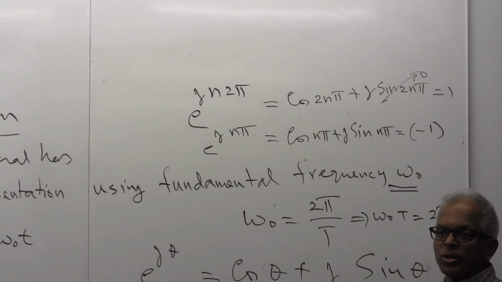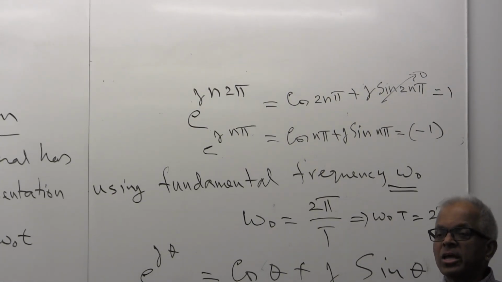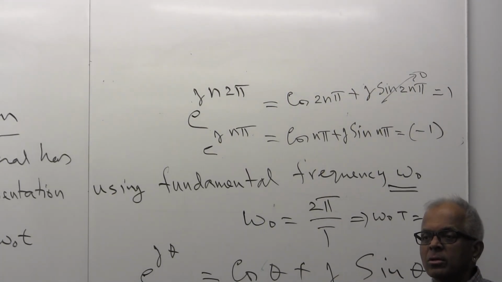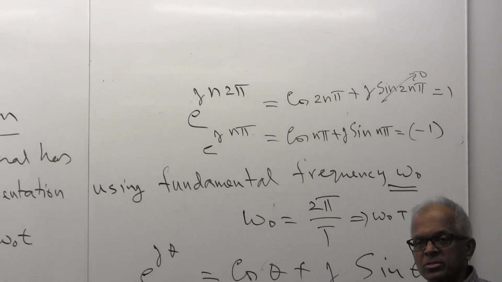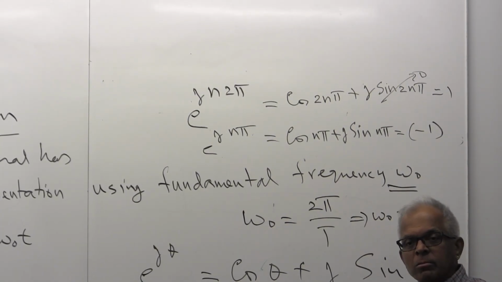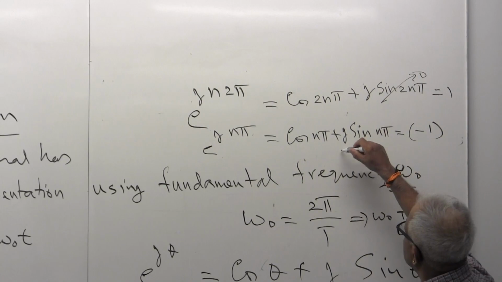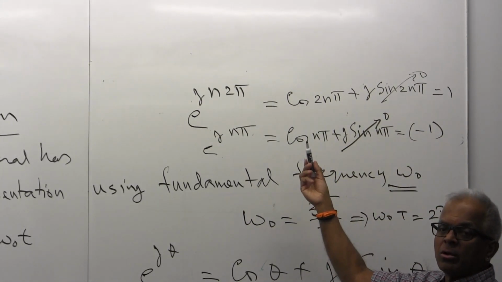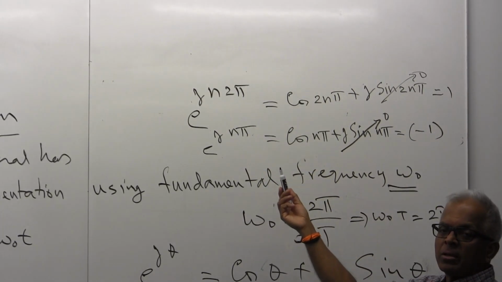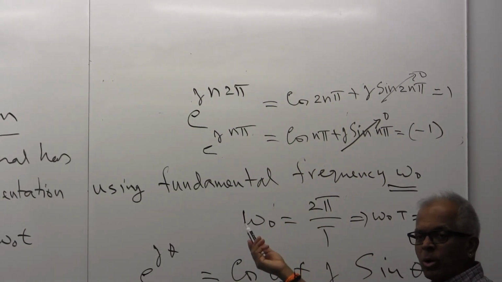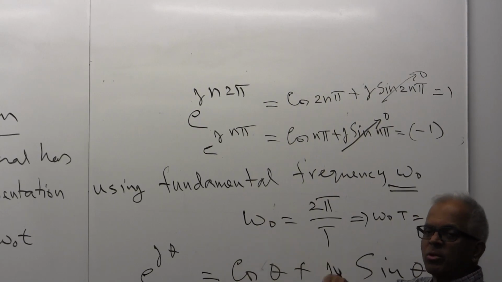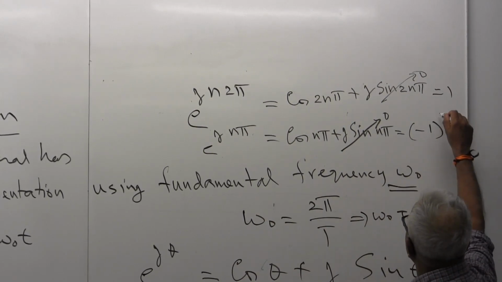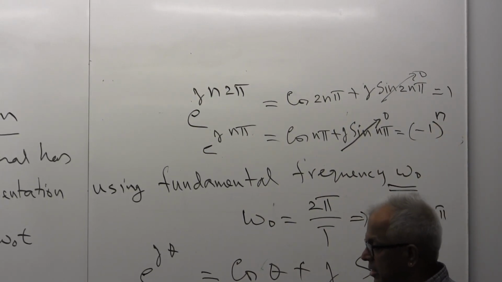Simple things you need to come quickly: sin 0, sin pi, sin 2 pi. If you conclude that, you will see this whole part is always 0. Here, cos 0 is 1, cos pi is minus 1, cos 2 pi is 1, cos 3 pi is minus 1, it will flip. So as you said, you can write it like that.